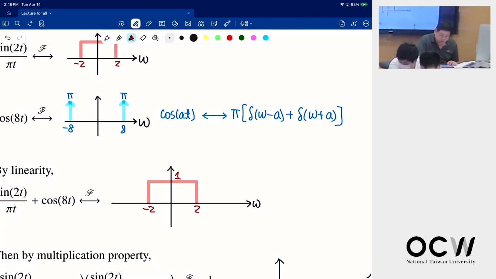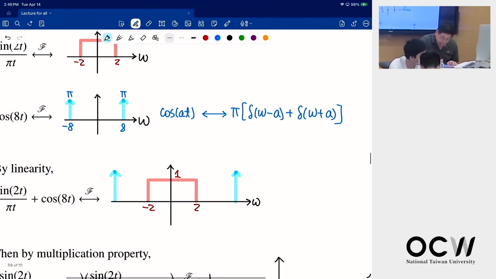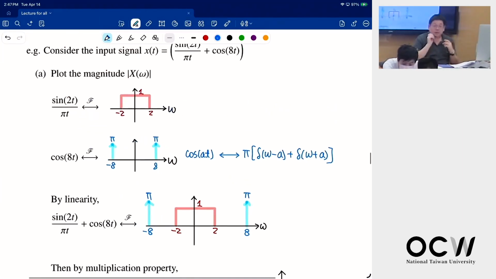And also, at -8, I have pi, and at 8, I have pi. Okay, so far so good.